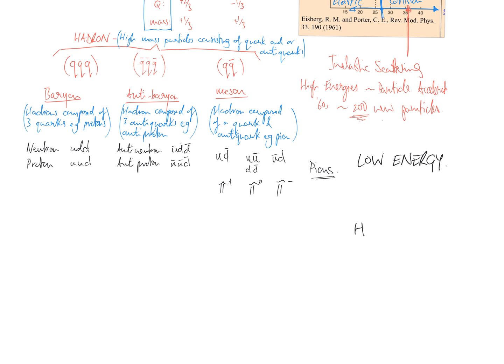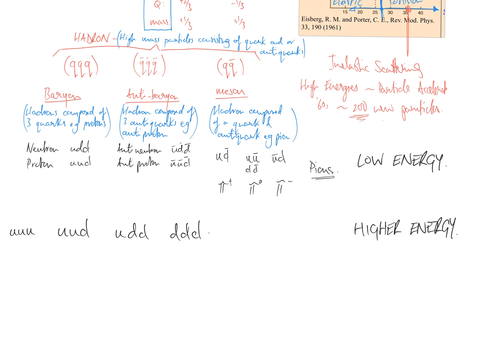If I were to introduce higher energy, then you could create a high energy up, up, up, or indeed an up, up, down, an up, down, down, or a down, down, down.